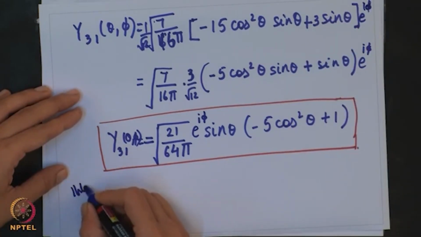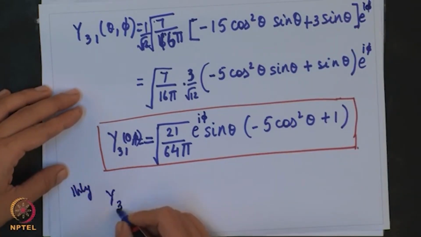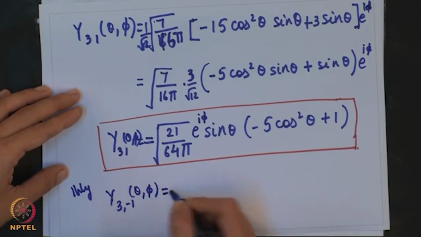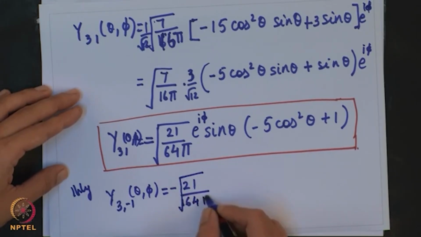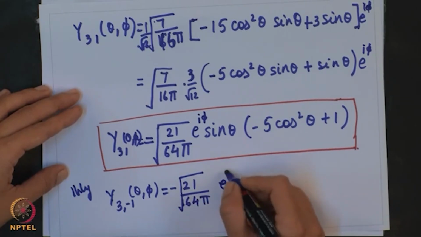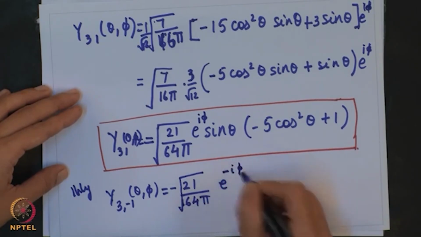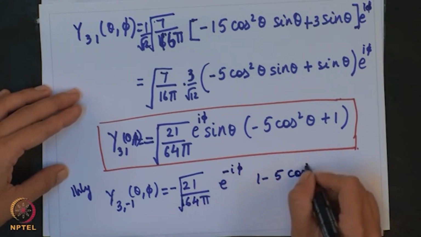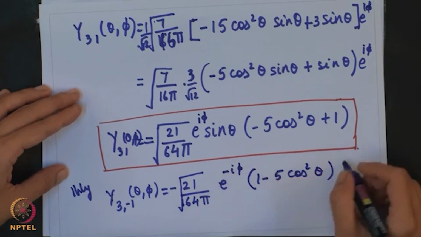Similarly, y3 minus 1 theta phi would be the square root of 21 upon 64 pi times e raised to minus i phi times 1 minus 5 cos square theta times sin theta.